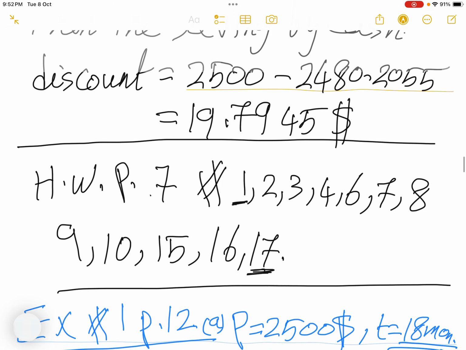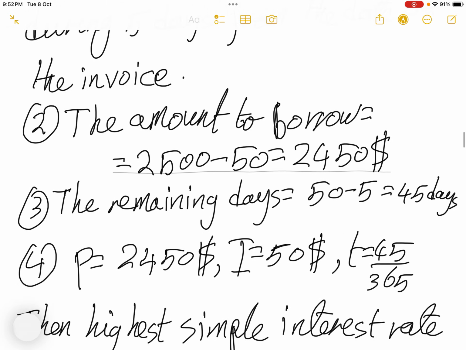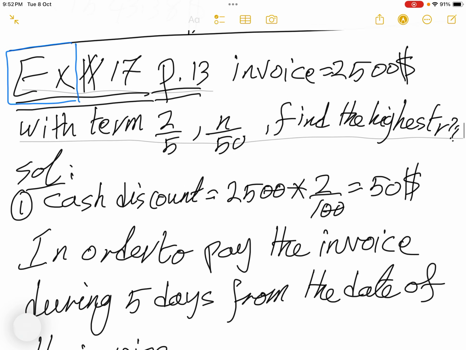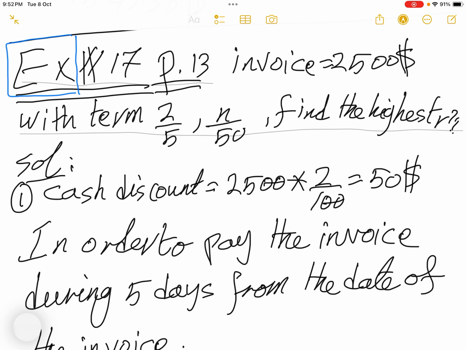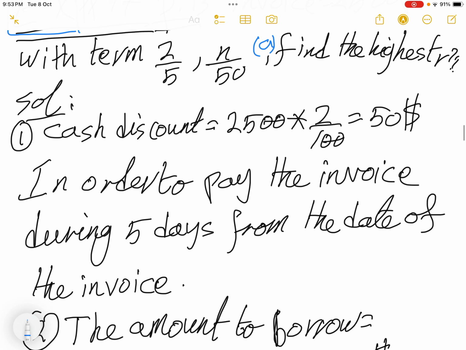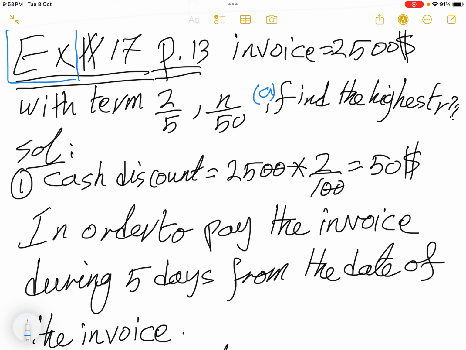Number 17. Invoice 2,500 with terms 2/5, N/50. Find the highest R, which is part A. Here, cash discount is 2,500 multiplied by 2/100, since it is 2%, which is 50.